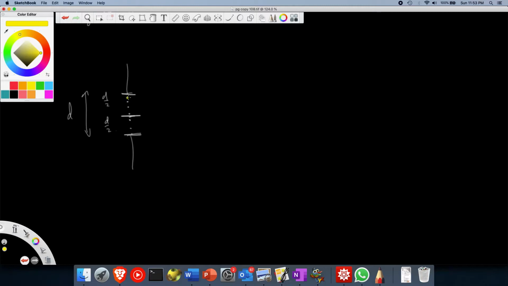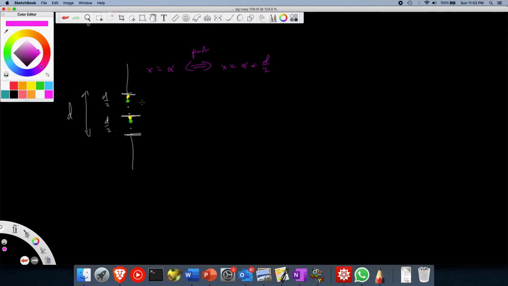We'll pair the source here with the source here, and then we'll pair a source here with the source here. Basically, we'll pair a source at x equals alpha with the source at x equals alpha plus d over 2.